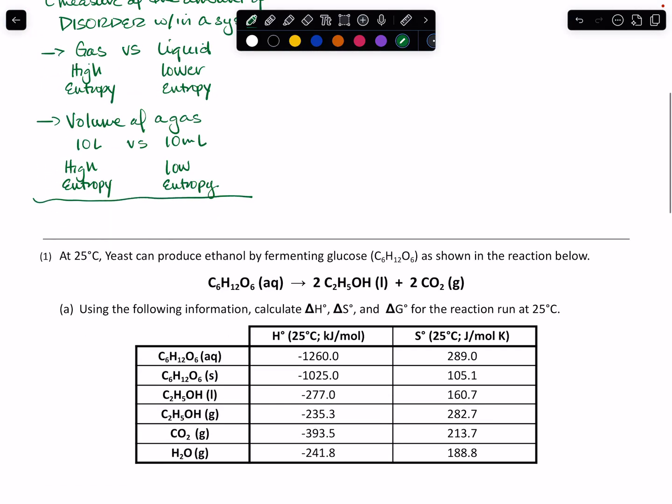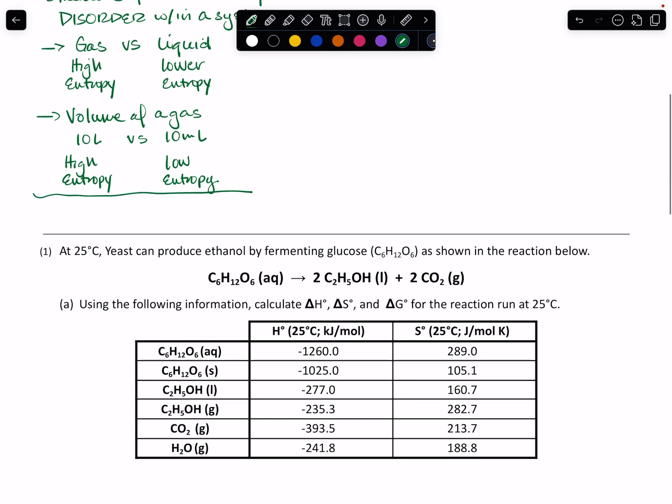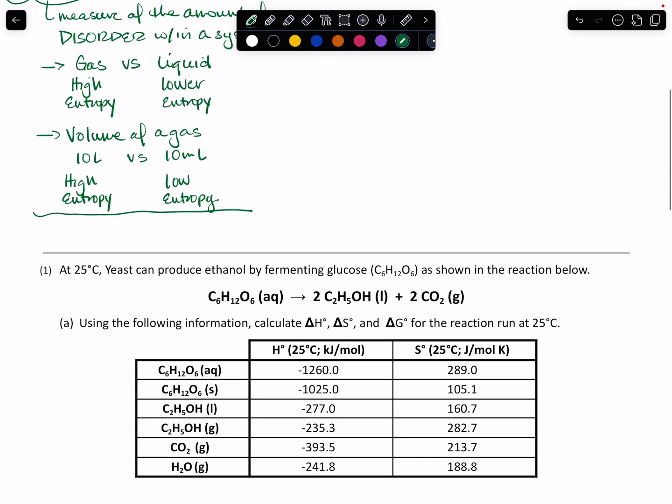Now, entropy is represented by a capital S. So that is what you see in our formulas for entropy. And similar to enthalpy, we actually like to talk about the change in entropy when you move from one state to another, whether that be a reaction or some sort of physical change.